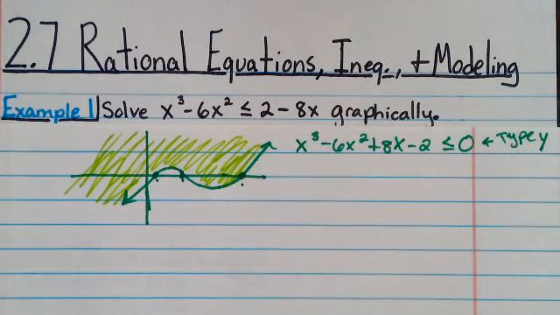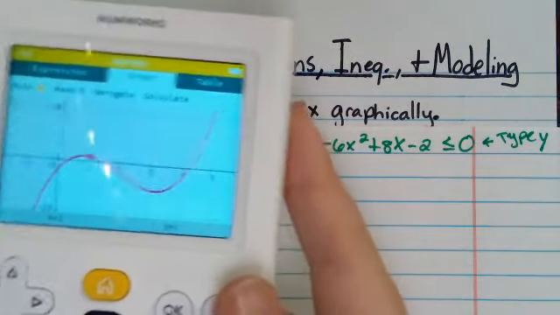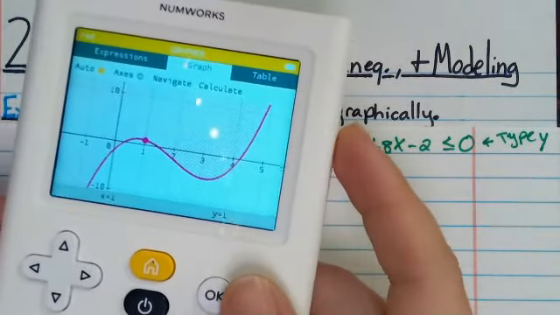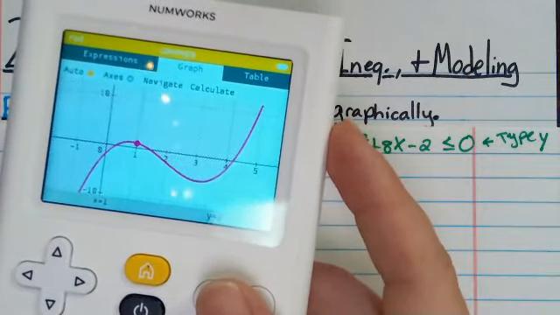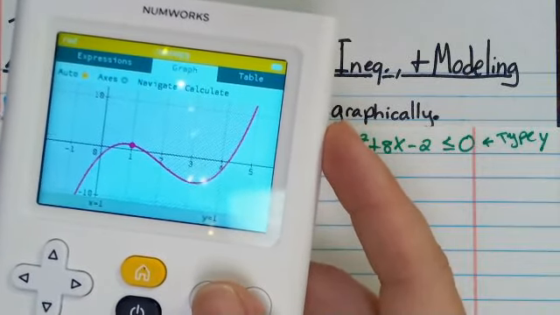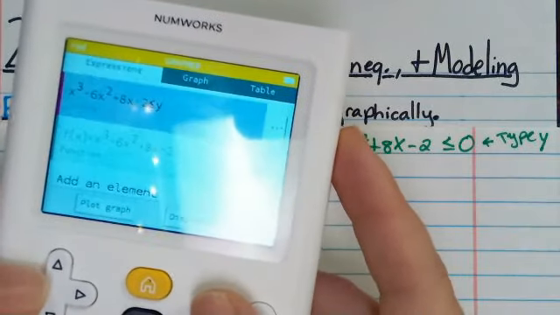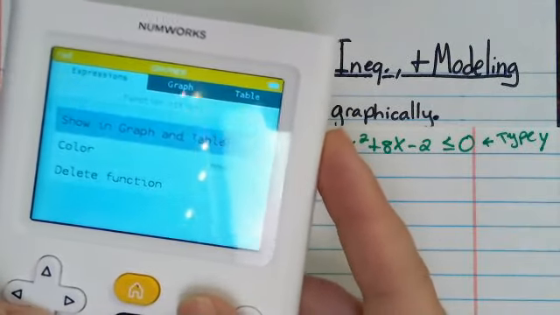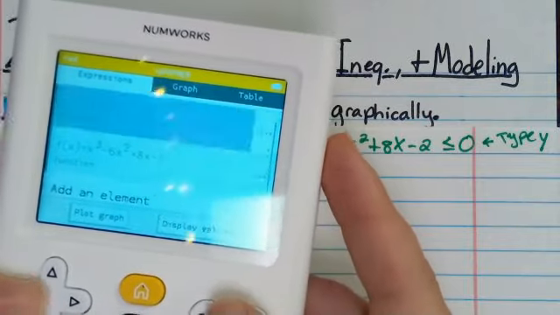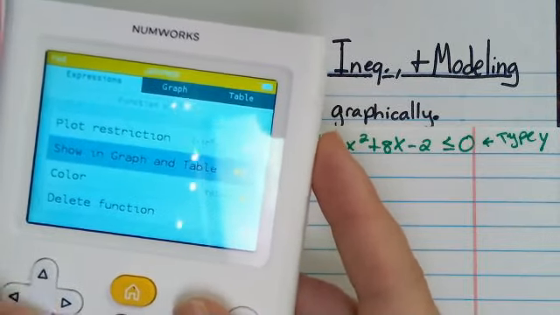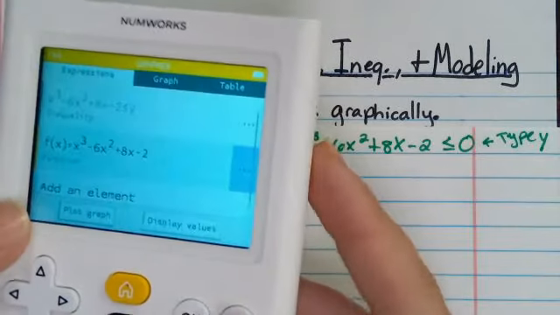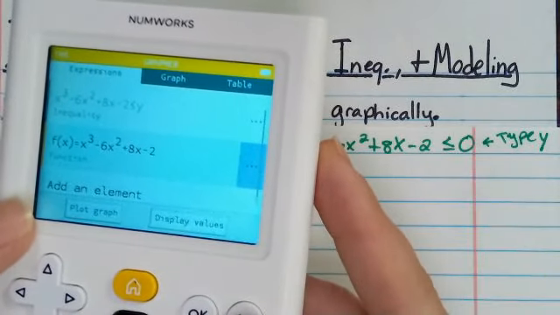The problem with that is on these calculators, I don't know if maybe some of the other calculator versions are a little different, but these ones do not want to find your zeros when you're in the inequality setting. So what I went ahead and did is I typed in a second one. So I'm going to get rid of this one. And I typed it in just as like a function instead of an inequality.